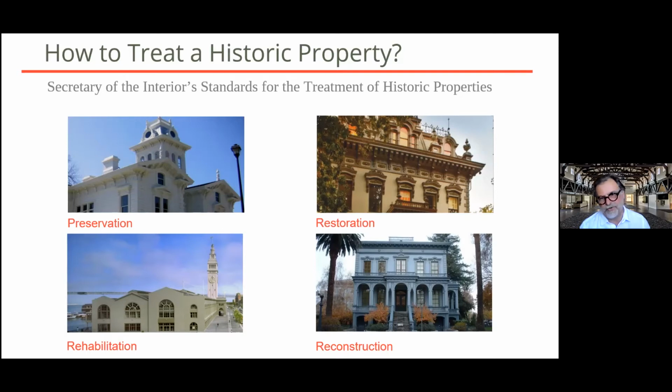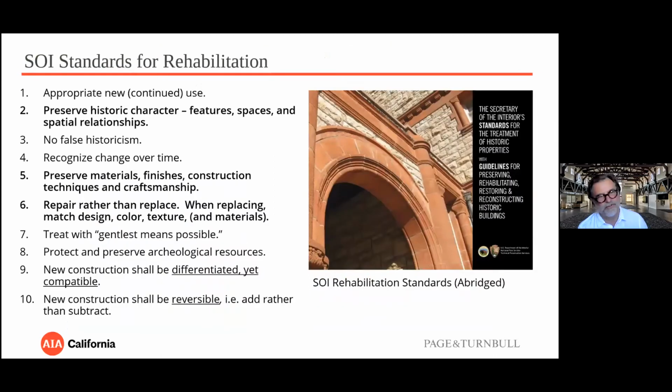And the last one, and most common for our practice at Page and Turnbull, is rehabilitation, where we're looking to preserve the historic character of the building while still either introducing a new use and adaptive reuse, or upgrading the use to contemporary standards. And this is what I call the abridged version of the standards for rehabilitation.